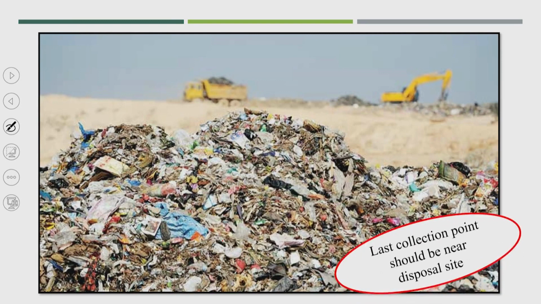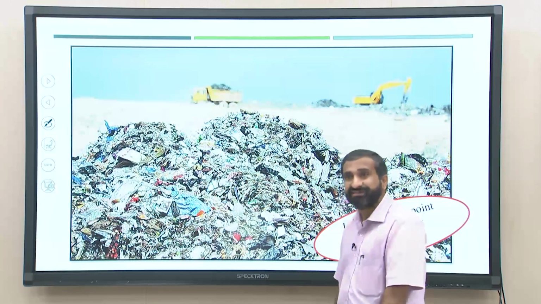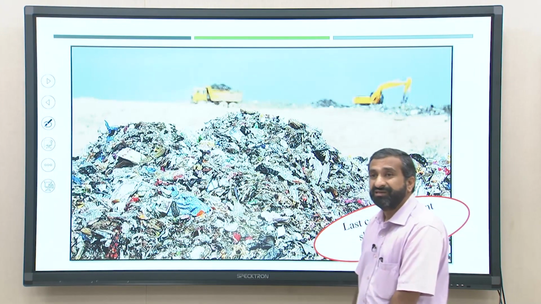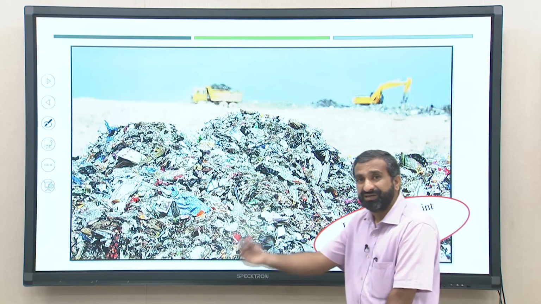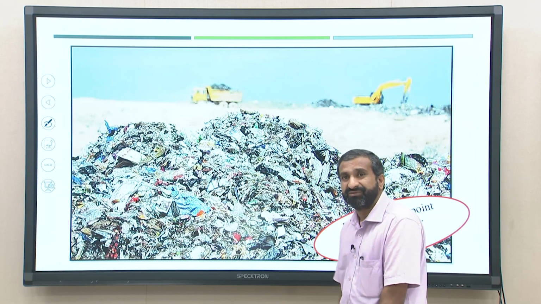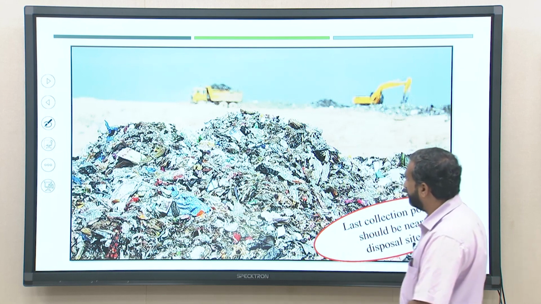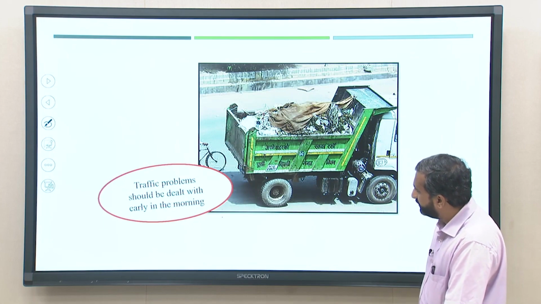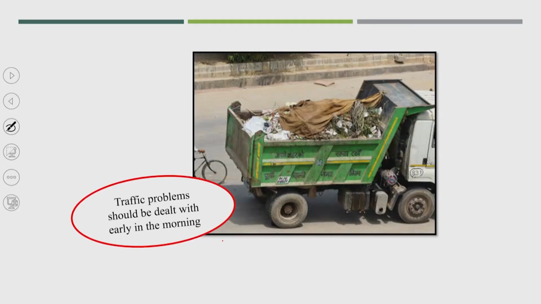Okay. So the last container point should be near the disposal site. I think in that case your T2 value will be very low, or otherwise your first container could be near the disposal site, so that your T1 value could be less. And traffic problems should be dealt with early in the morning.